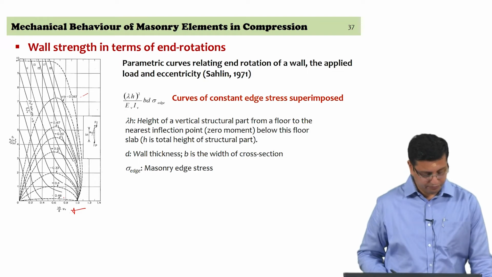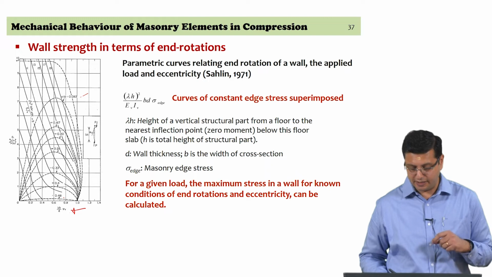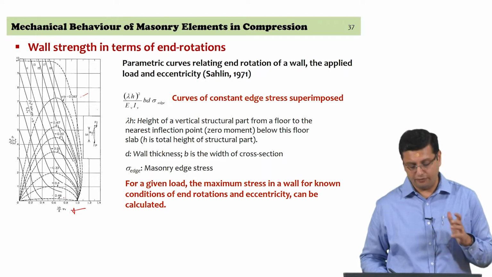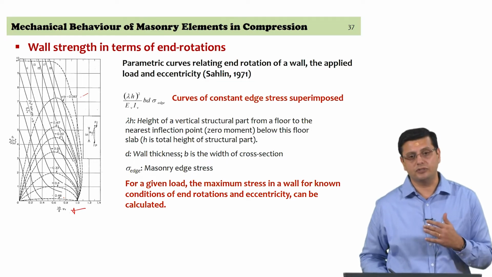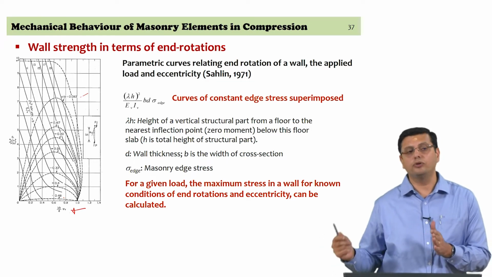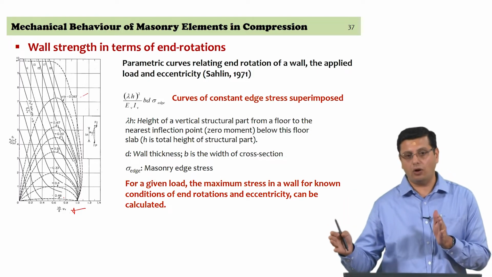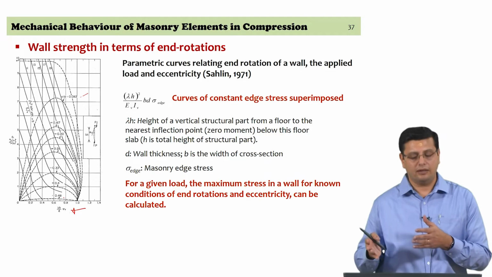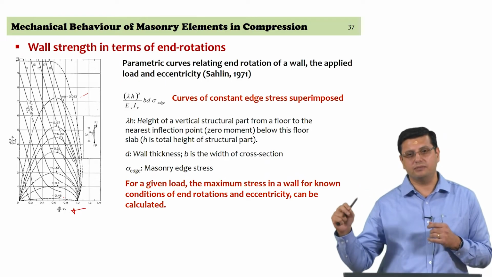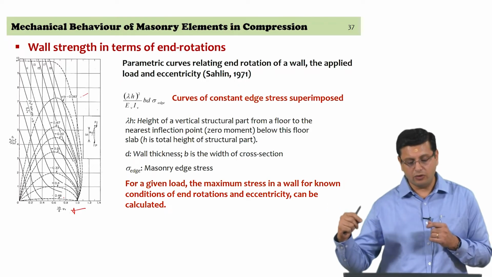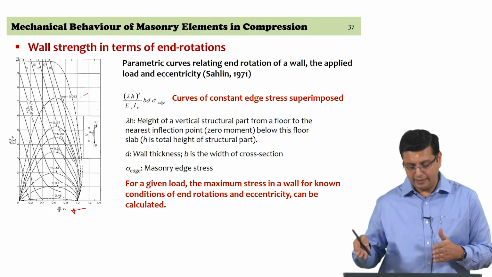For a given load, the maximum stress in a wall can be known if you can make an estimate of the end rotations and you know the eccentricity of the load. So, if you want to limit the maximum compressive stress in the wall, let us say you are working within a permissible stresses approach, then you know the maximum permissible stress that is allowed for the combination of materials that you are looking at.